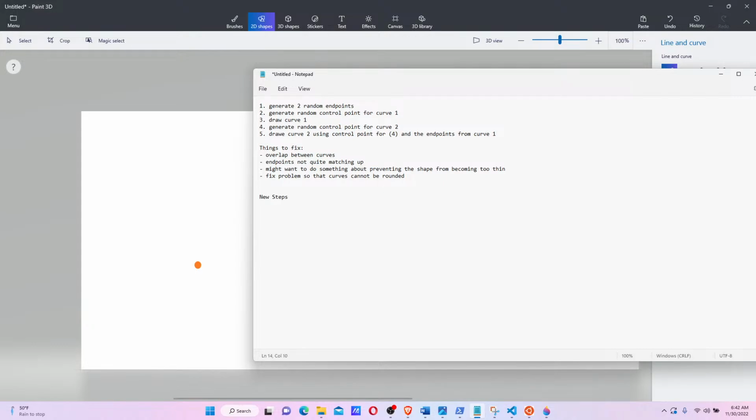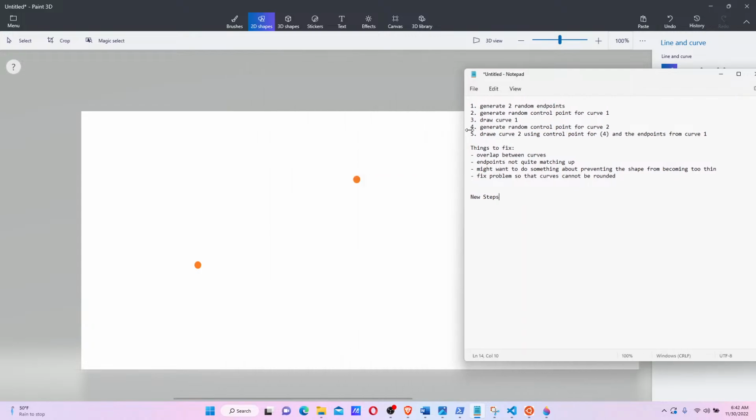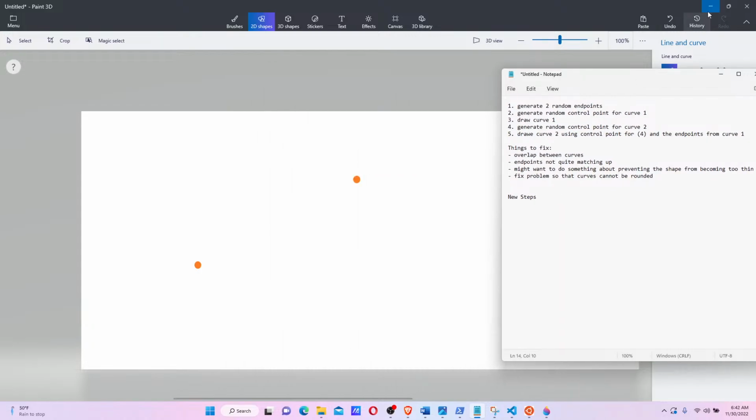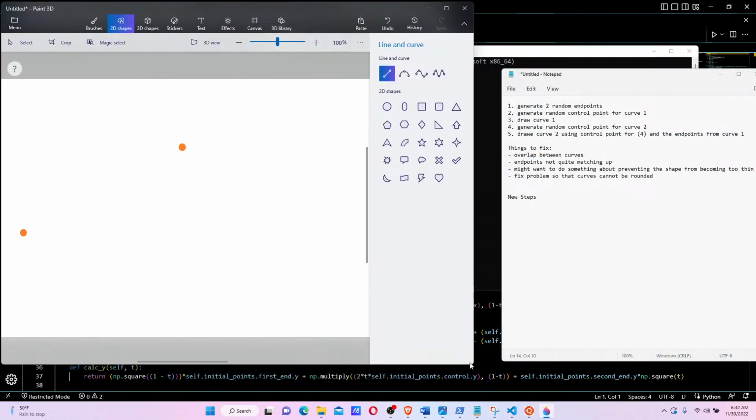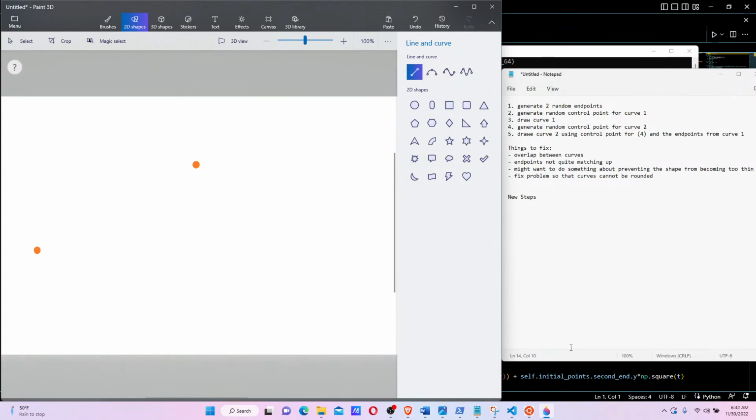New steps, because it's steps for the new code that I'm building. So, just a sec, I'm aligning my windows.